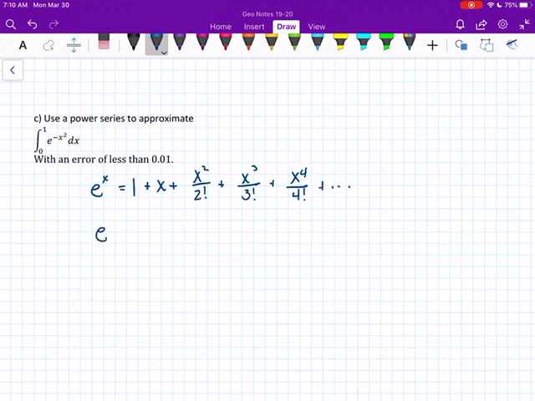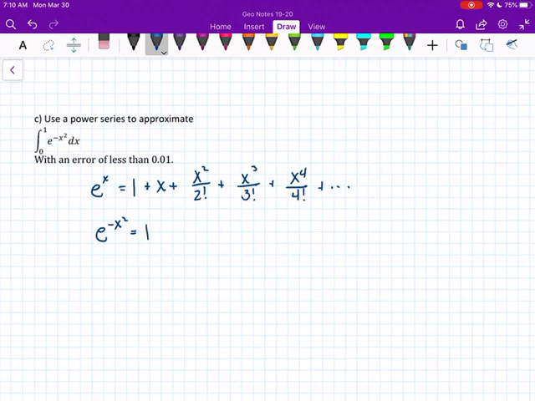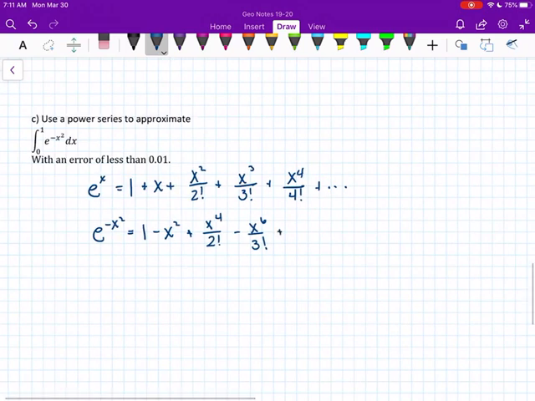So the power series for e to the negative x squared, I'm just replacing my x's with negative x squared. So I get 1 minus x squared plus x to the 4th over 2 factorial minus x to the 6th over 3 factorial plus x to the 8th over 4 factorial, minus so on and so forth.